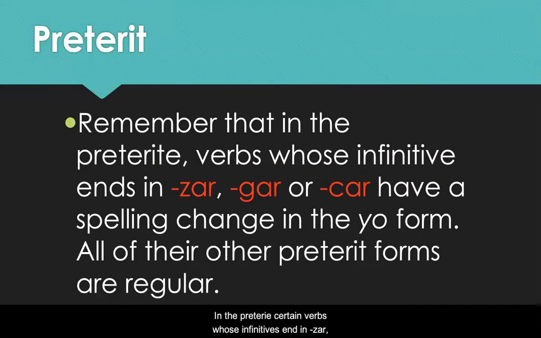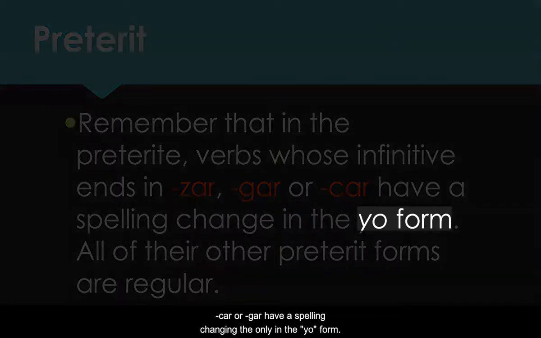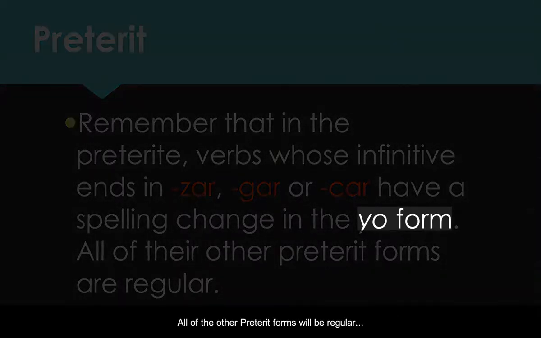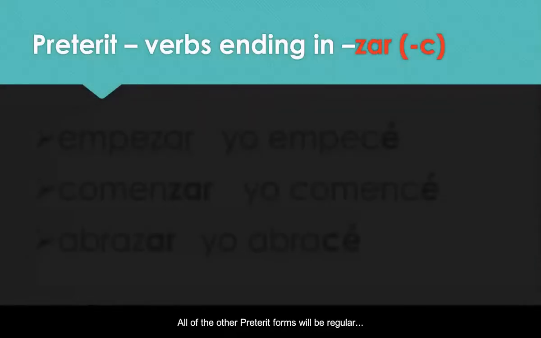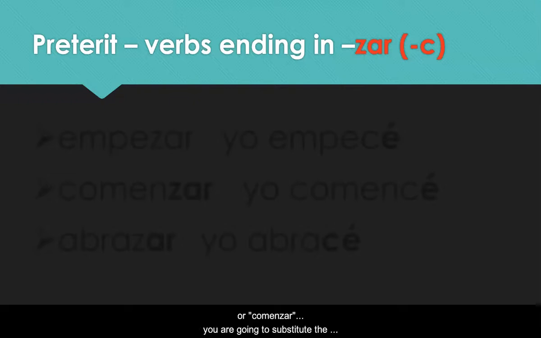In the preterite, certain verbs whose infinitives end in zar, car, or gar have a spelling change only in the yo form. All of the other preterite forms will be regular. Let's take a look at some verbs ending in zar. If the verb ends in zar, like empezar or comenzar, you are going to substitute the z by a c.